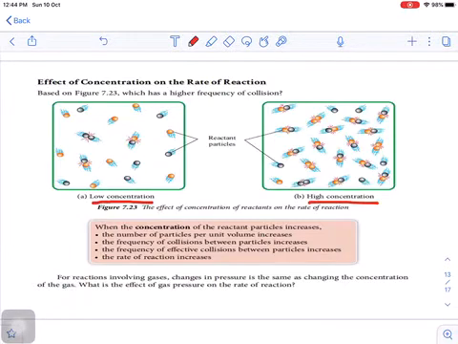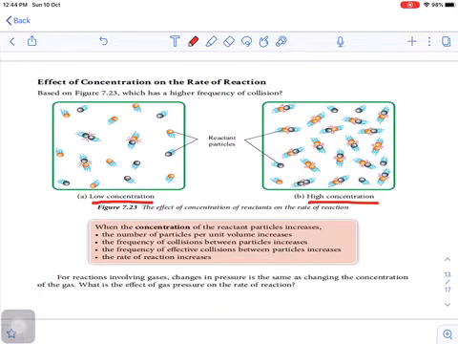So, bila banyak number of particle per unit volume, chances untuk berlanggar dan chances untuk berlanggar dengan memenuhi syarat energi itu sama atau lebih besar daripada activation energy, dan juga pelanggaran itu at correct orientation akan menjadi lebih tinggi.